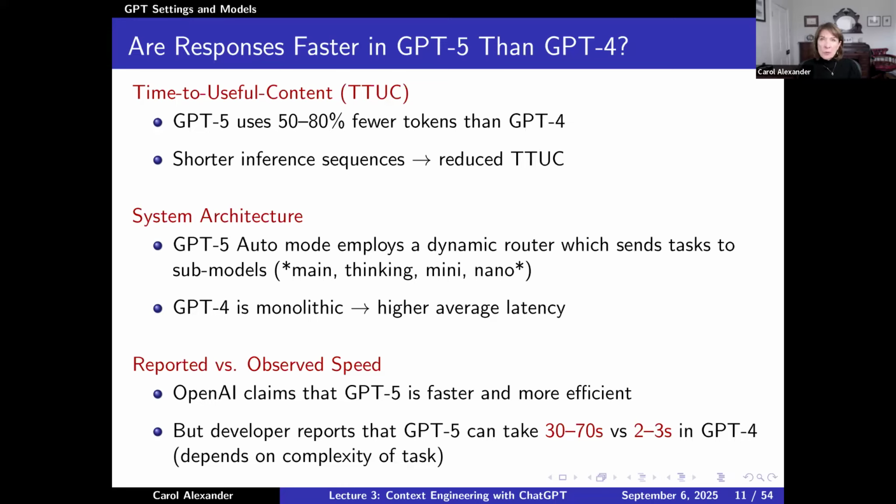But when it comes to the reported speed, some developers have been testing this, and I've found it as well, that GPT-5 can take like 30 to 70 seconds versus 2 or 3 seconds in GPT-4 for the same task. Well, it depends how complex the tasks are. So for some of my work, I go back to GPT-4, depending on the task.